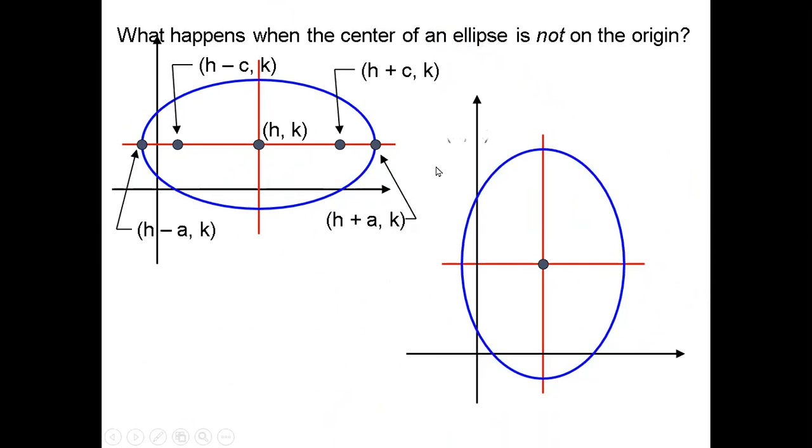And for our vertical ellipse, we still have center (h, k), and it differs on the foci: (h, k plus or minus c), and for our vertices, (h, k plus or minus a).